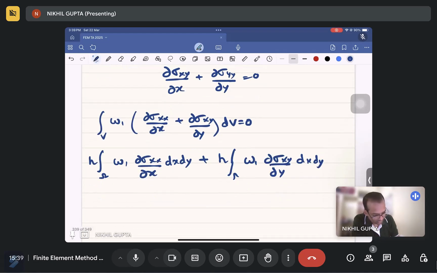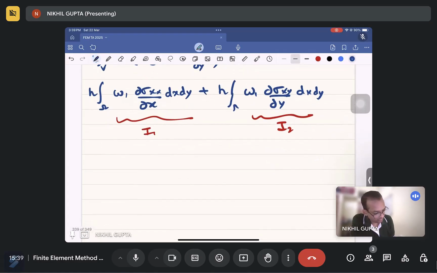To solve this, we can take this as I1 and this as I2, and let's start with I1.